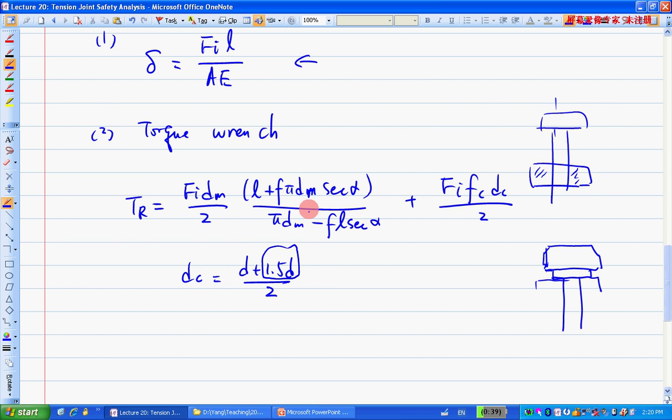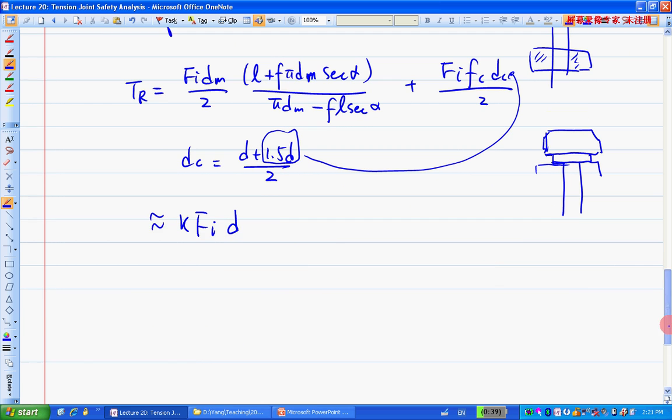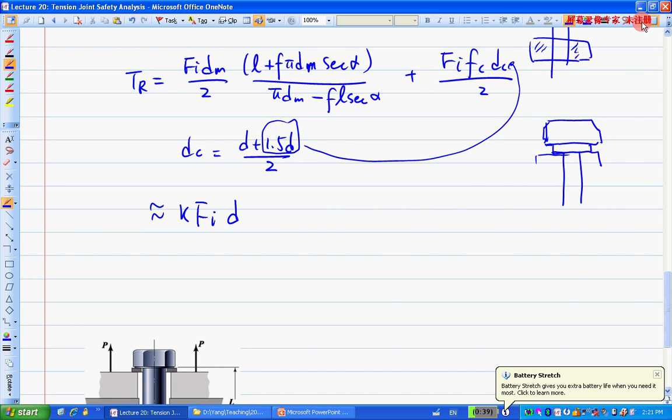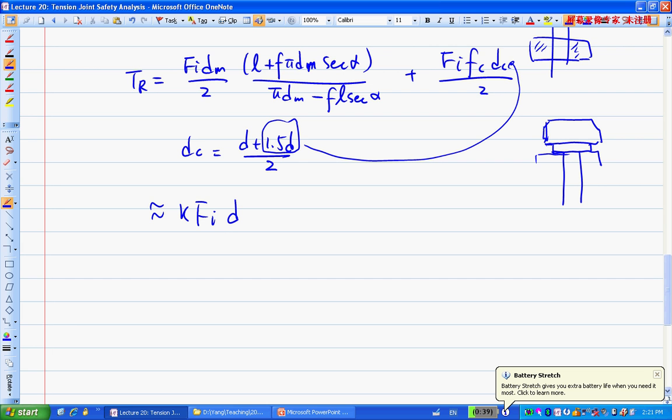And then for the dm here, you can use the D. So replace all of this, and that formula can be simplified into a simple formula called K times Fi times D. So this torque TR, which relates to the preload, can be written as KFiD. The K value in general is approximately 0.2.